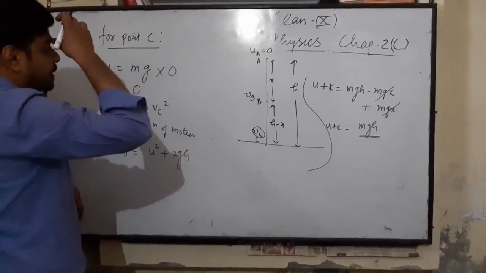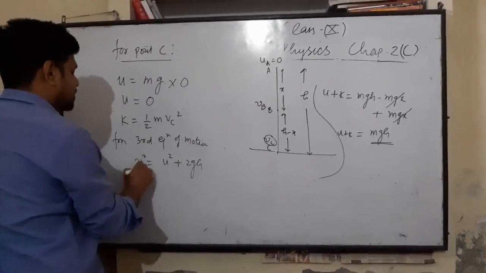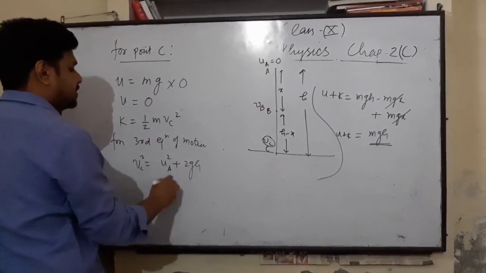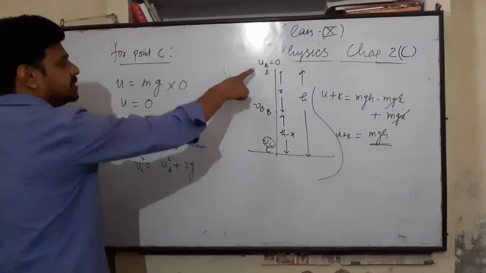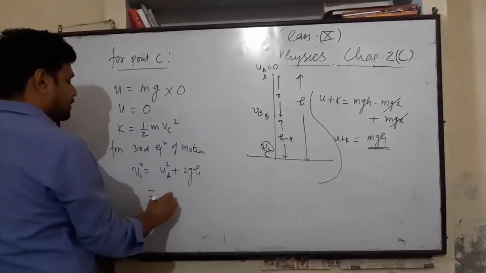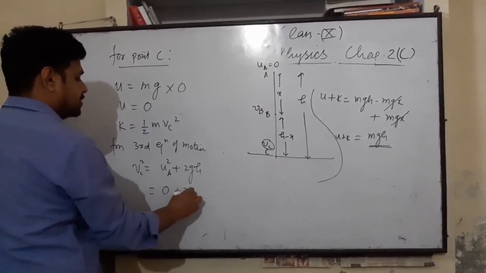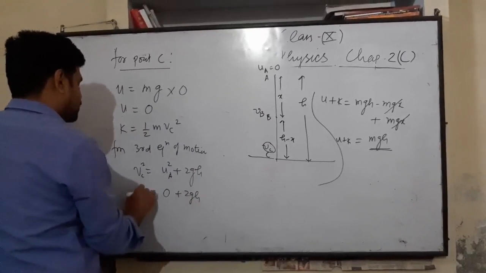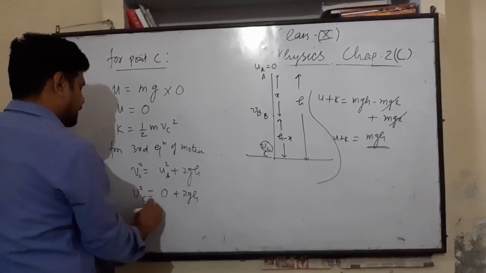So we will apply the equation of motion between points A and C. This is Vc, the final velocity, this is the initial velocity, and h is the distance between points A and C, which is h. You know uA is equal to 0, so vC square is equal to 2gh.